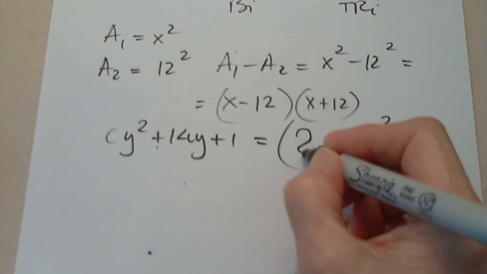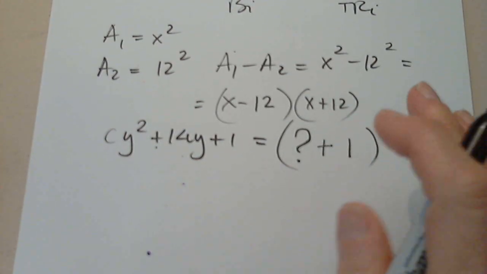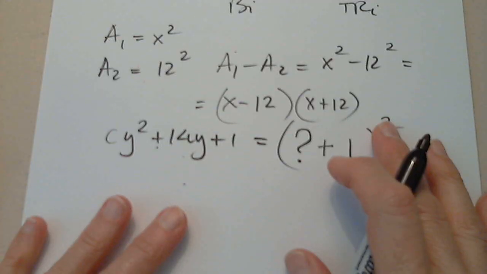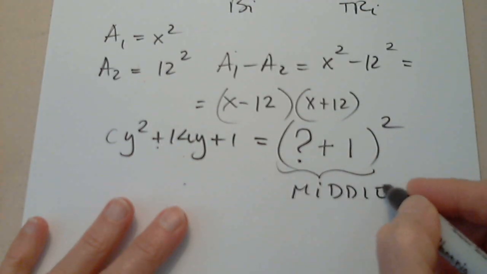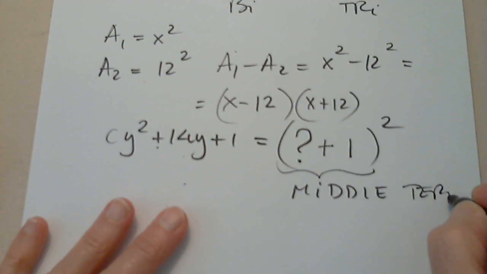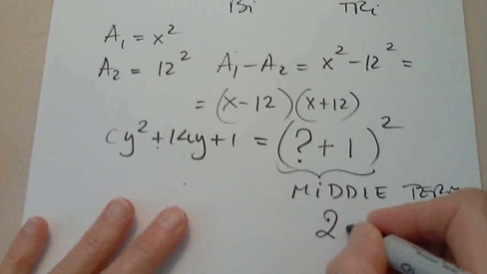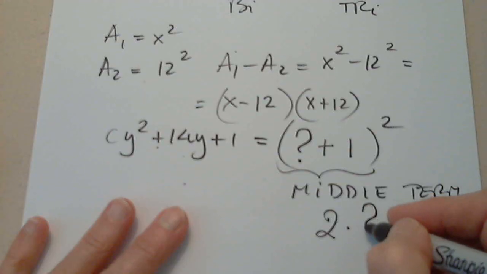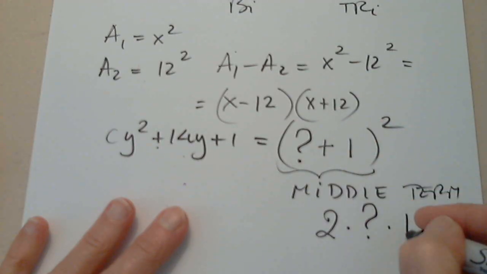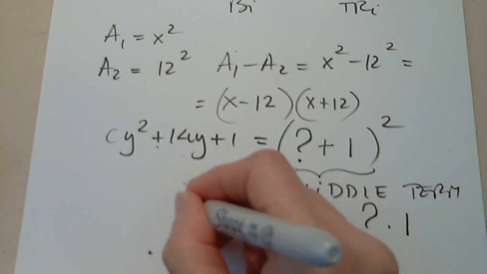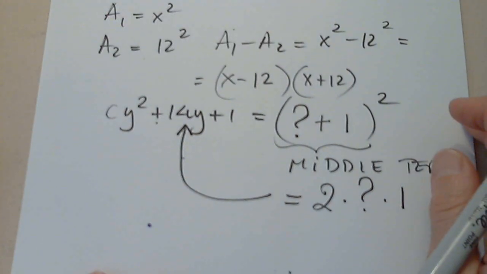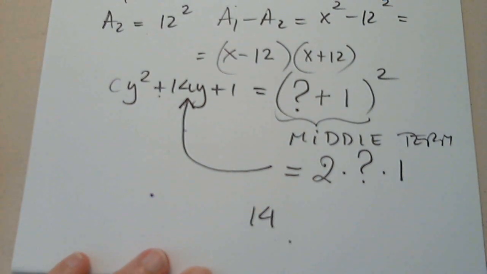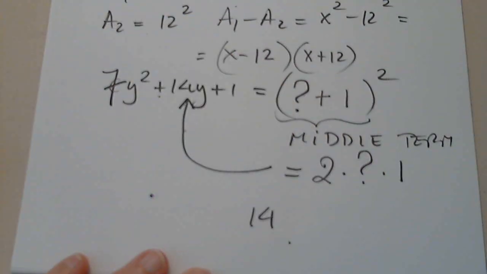I don't know what this is, but here's how we think about it. We know that the middle term, which we always have to check, is 2 from the formula times this times 1. But this has to equal 14y. So go ahead. 7? Very good. That's all there is.